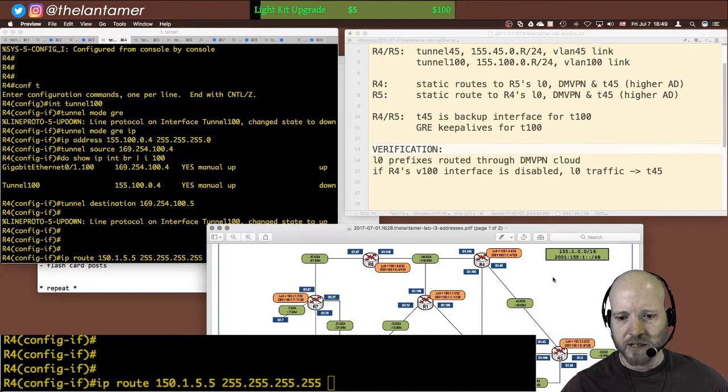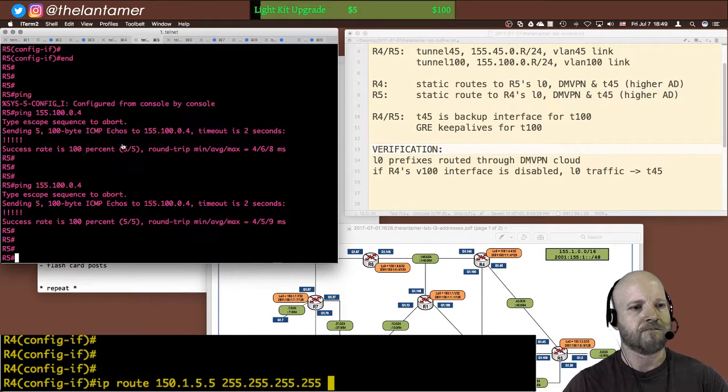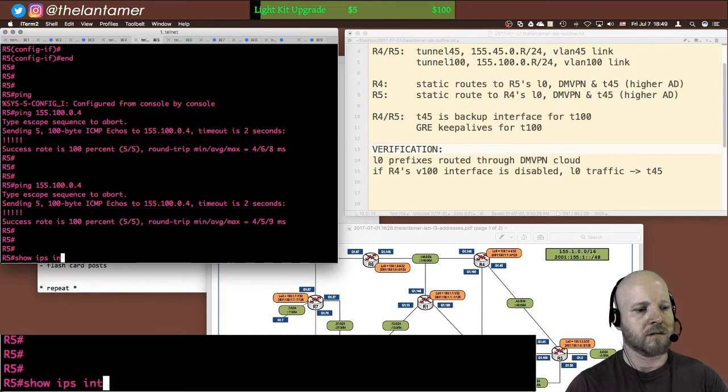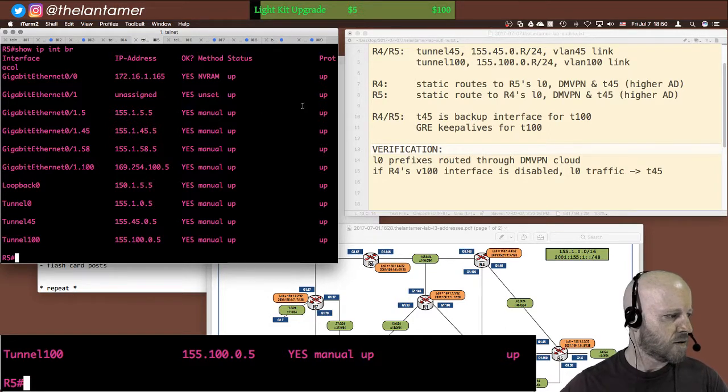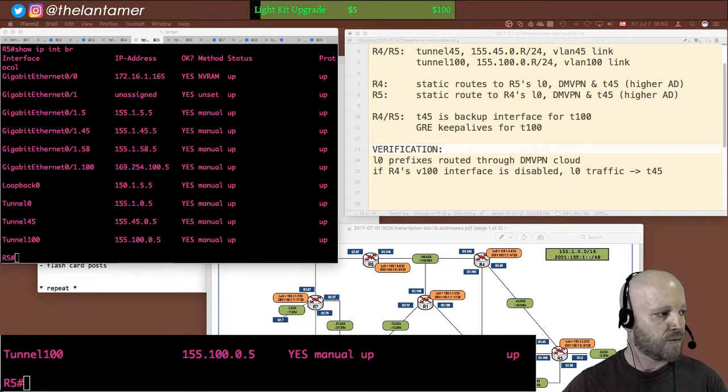Where is that? Tunnel 0. So they're wanting me to create a static route. All right, well, I will follow along here.